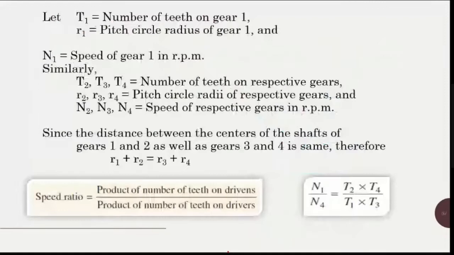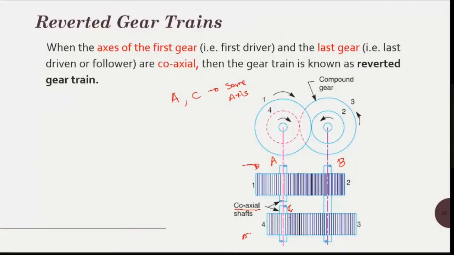Let us proceed here. We have T1, T2, T3 and speeds N1, N2, N3, N4. I will write the speed ratio directly: input by output, N1 by N4, as in your compound gear, equals the product of driven teeth divided by the product of driving teeth.